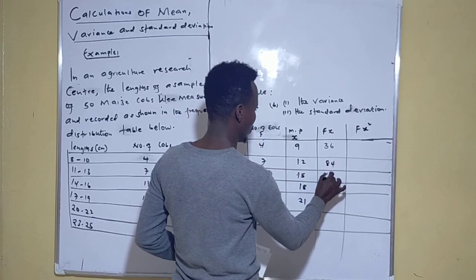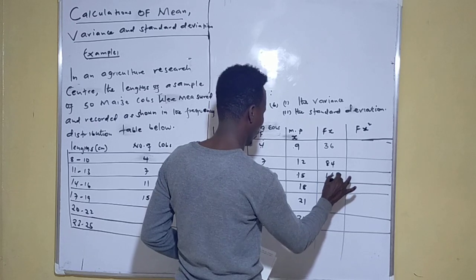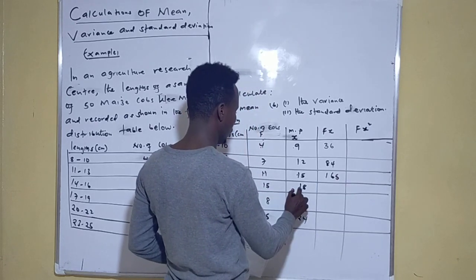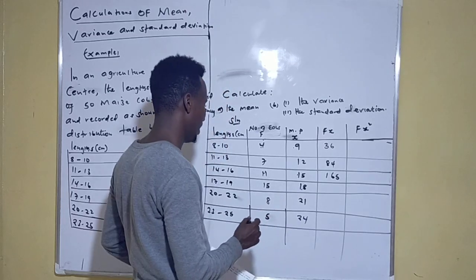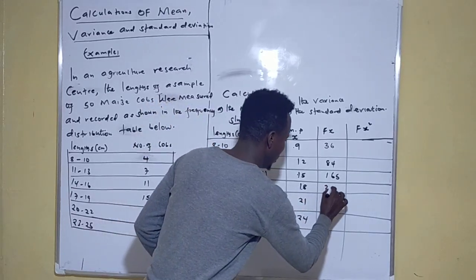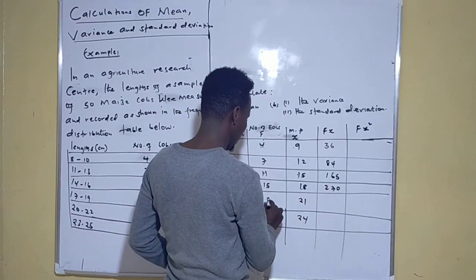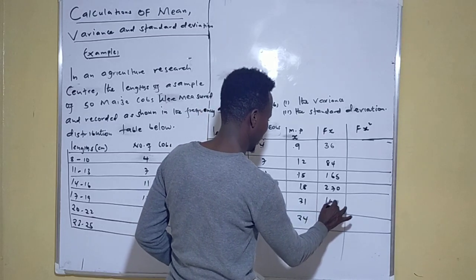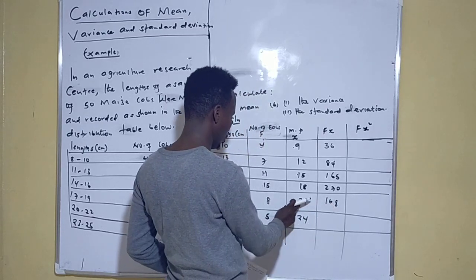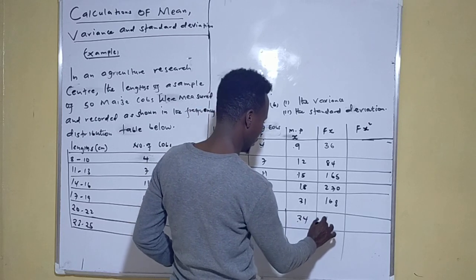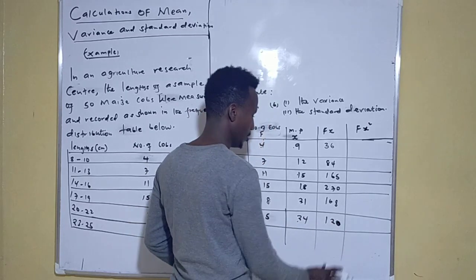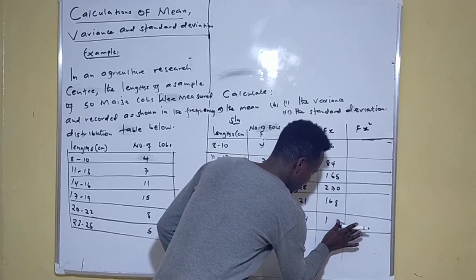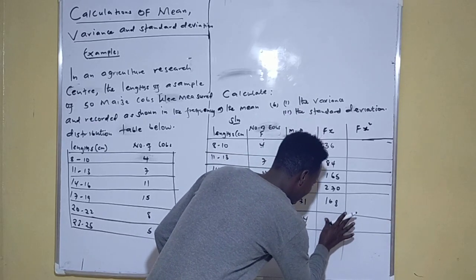This times this is 165 if I'm not wrong. 18 times 15 is 270. This times this is 168, that's 21 times 8. So this times this is 120.